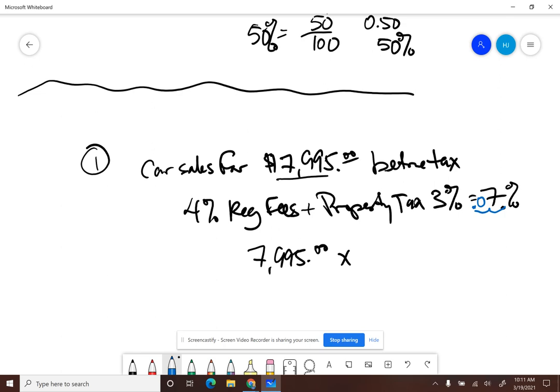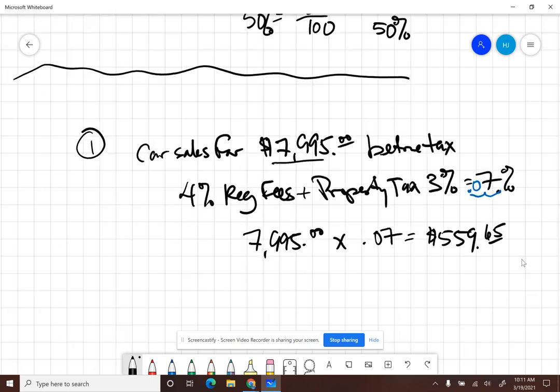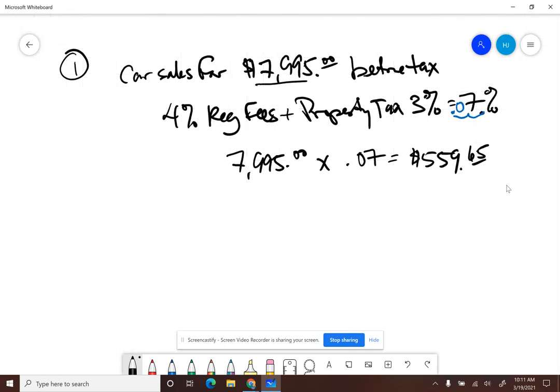Okay? So 7% is the same thing as 0.07 or 7/100ths, which kind of makes sense. Once I do that math, and again, you can use your calculator to do that, you're going to come up with an answer of $559.65.